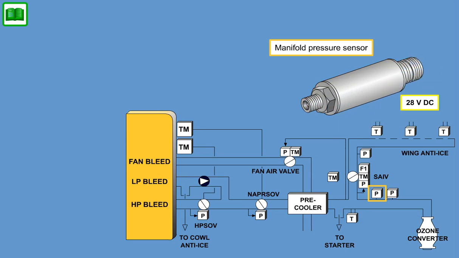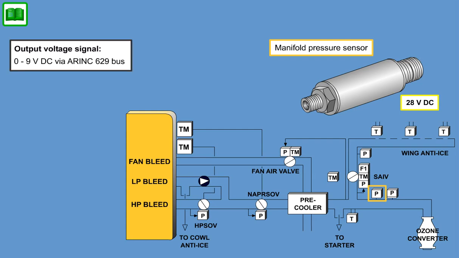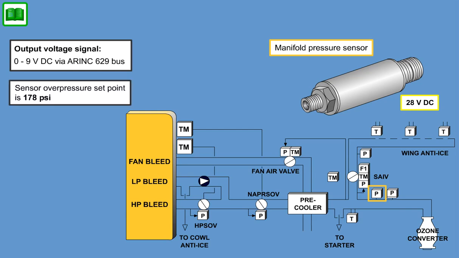With a 28-volt DC excitation voltage, the sensor will provide an output voltage signal of 0 to 9 volts DC via ARINC 629 bus. The pressure sensor overpressure set point is 178 psi.